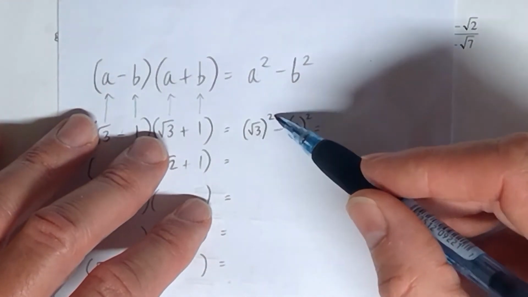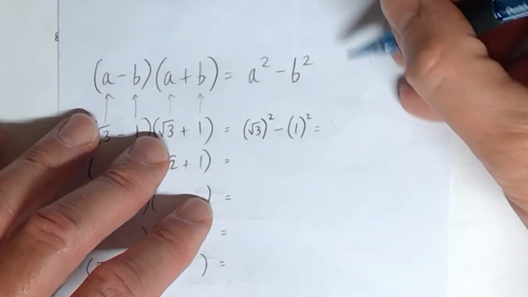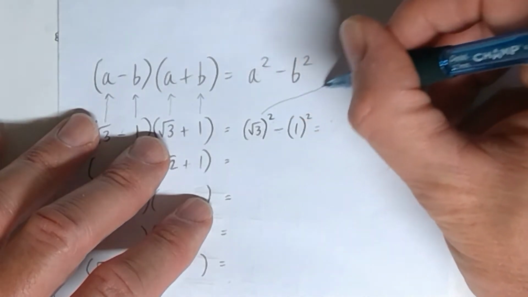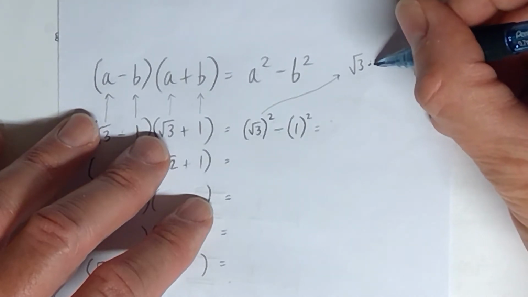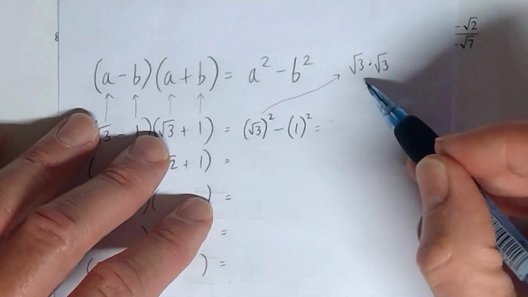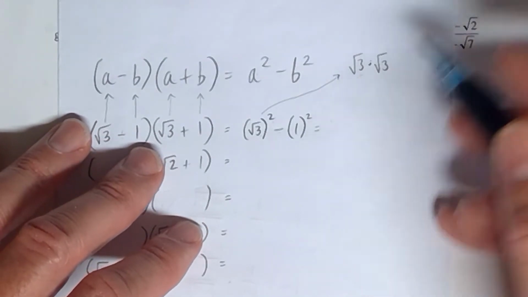Otherwise, when you square a square root, it's equal to, and I'll prove it to you here, as you guys know, when you square a square root, you're multiplying, or anytime you square something, you're multiplying that thing twice, aren't you? When I square the square root, I'm multiplying the square root twice.